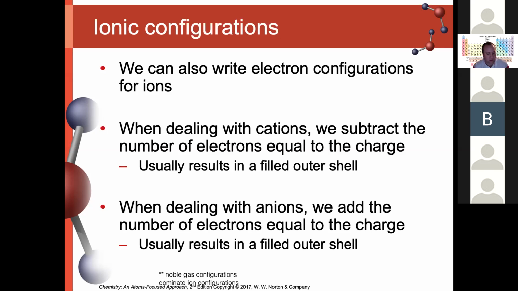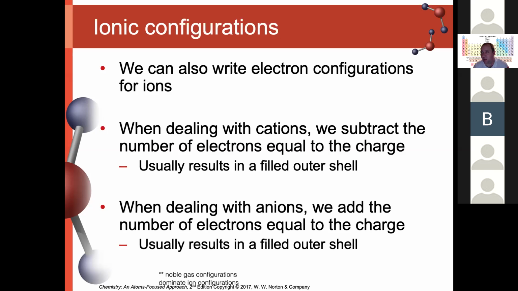Well, if I scoot to the left 2 places, because the calcium 2+ ion has 18 electrons, the configuration for the calcium 2+ ion is the same as the configuration for argon. And so I can either write it as that noble gas configuration, argon in brackets, or if I had to write the complete configuration, I would write the configuration for argon, which is 1s2, 2s2, 2p6, 3s2, 3p6.